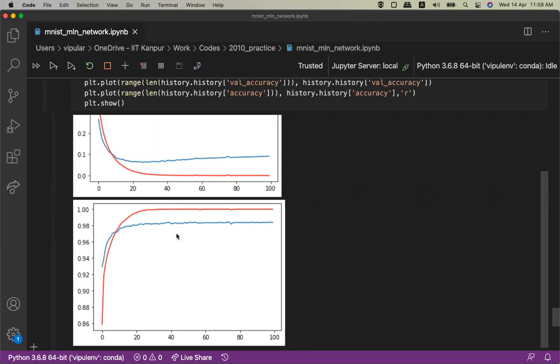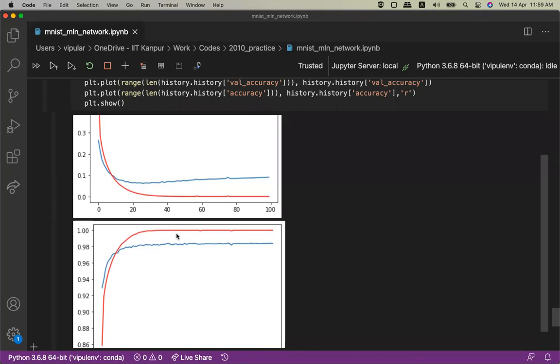Another reason for this is that my accuracy is computed on discrete values, right? My outputs are matching or not matching. Accuracy is computed on discrete values, but loss is computed on continuous values, because the categorical cross entropy is a continuous function. The output is a continuous thing. That's why the loss is changing immediately, but accuracy is more or less not much affected.